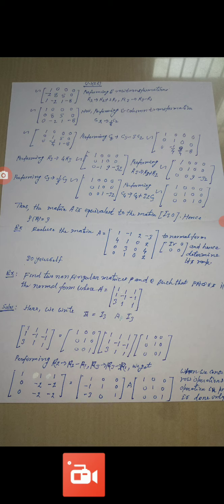If we operate a row operation, then the elementary transformation will be done in the pre-factor, otherwise in the post-factor.